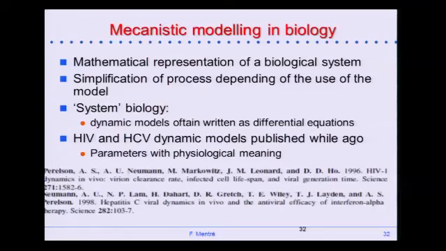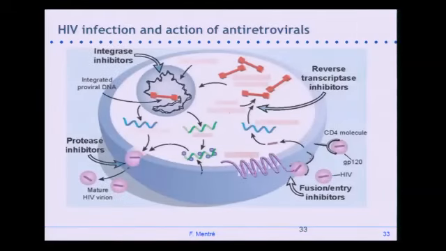I think it had 2,000 hits. I have to say that Perelson and Neumann, at that time and even now, are not using nonlinear mixed effect models. They're using individual regression and more. On the statistical part, it's not very advanced, but on the modeling part, it's very advanced. So what is this model doing? I'm trying to show it to you, although it's not optimal design. I thought it was interesting.